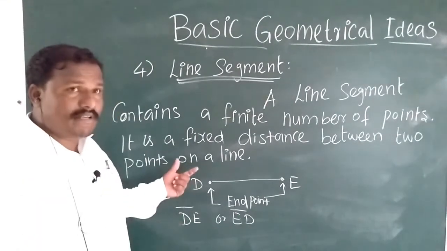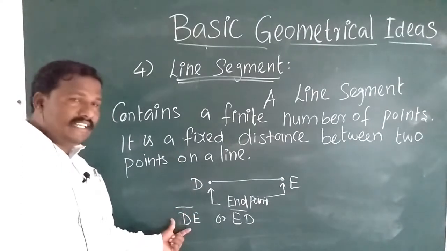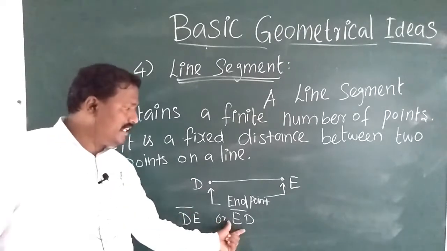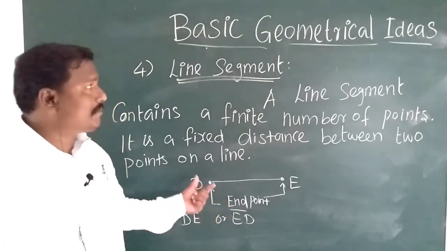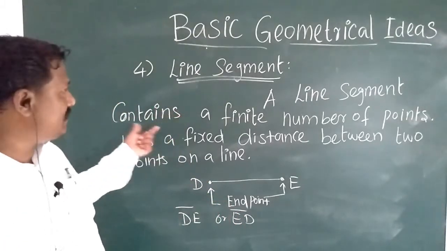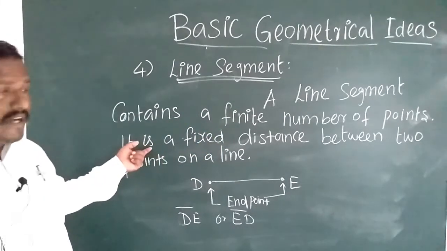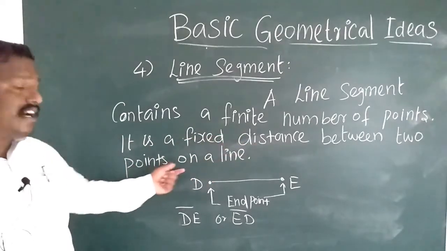The line segment can be written like this: DE, with a line put upside. ED, or ED, we can put a line upside. This is the line segment. A line segment contains a finite number of points. It has a fixed distance between 2 points on a line.